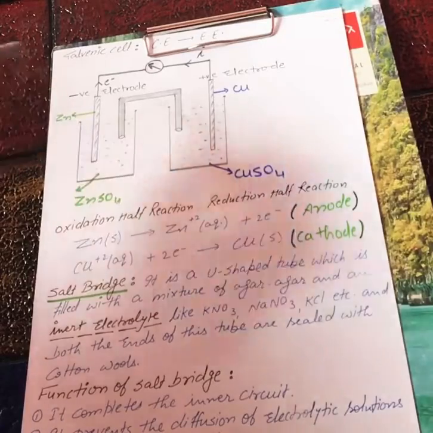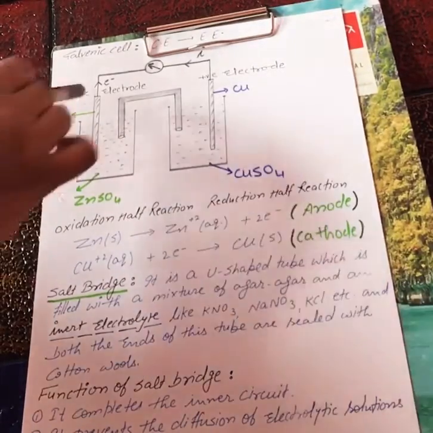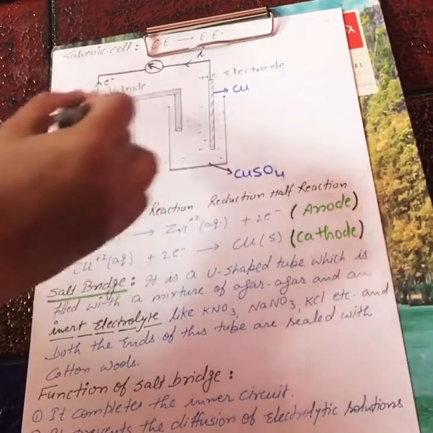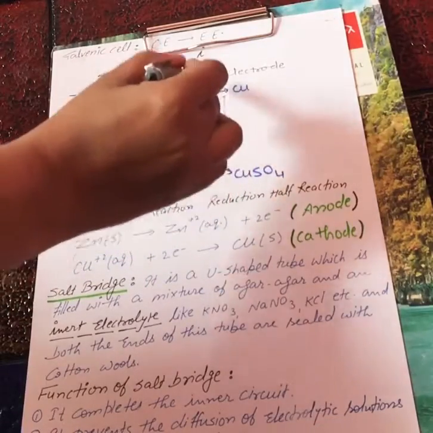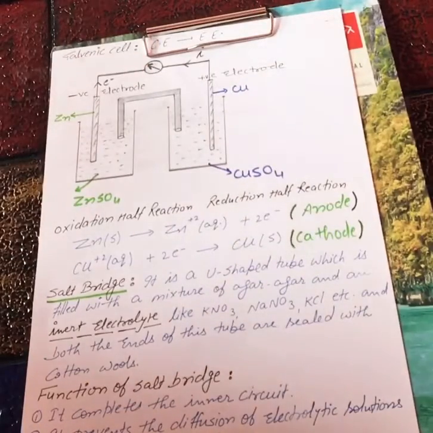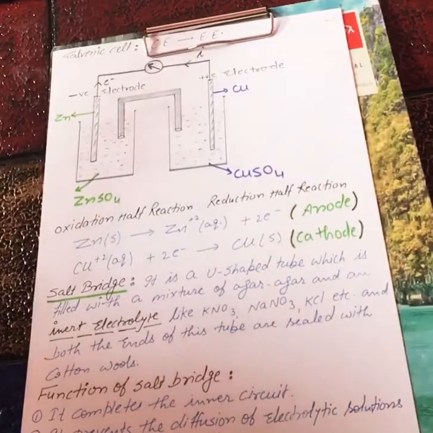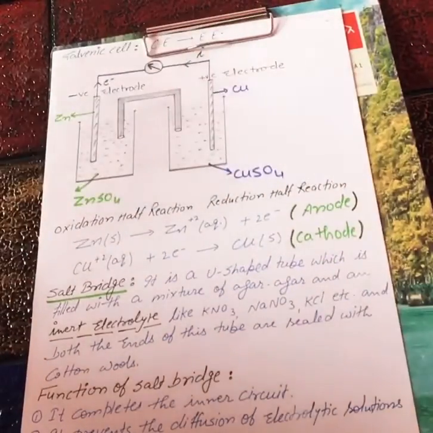These electrons will move in the circuit and be consumed by the copper plate in the reduction. The reduction takes place on the copper plate, that means on the cathode.